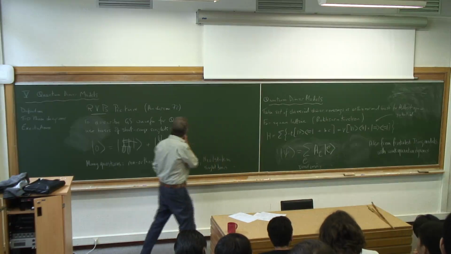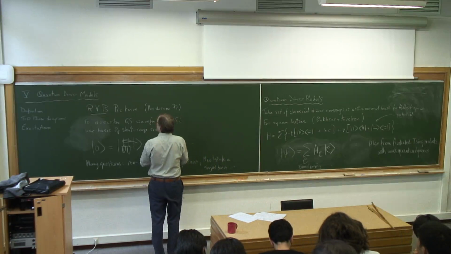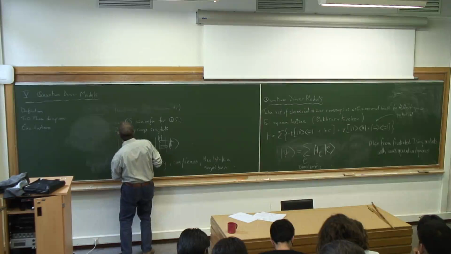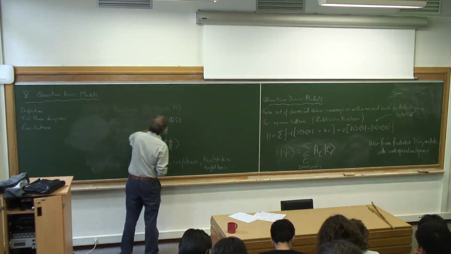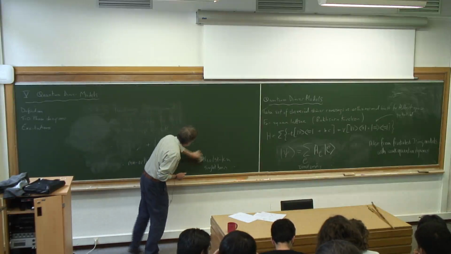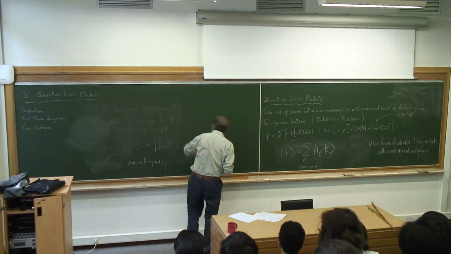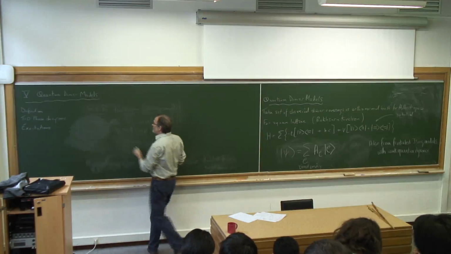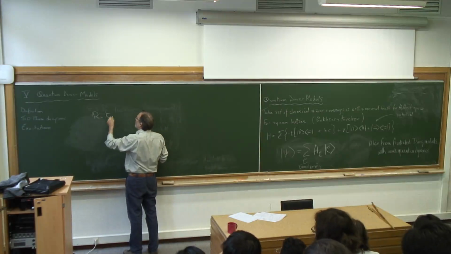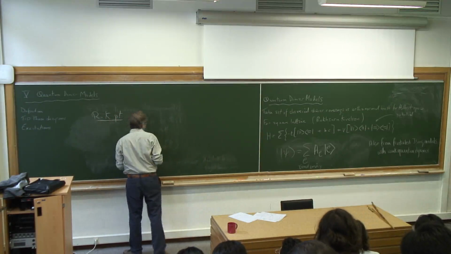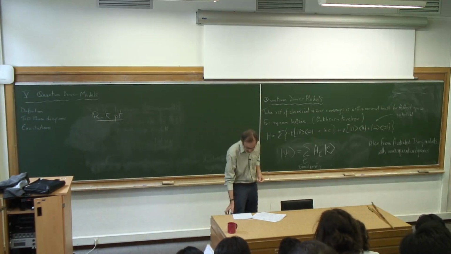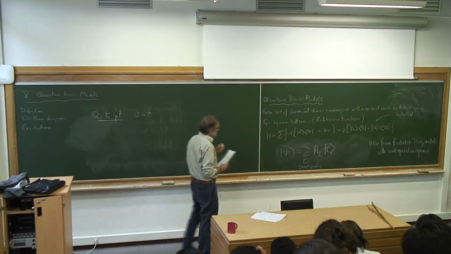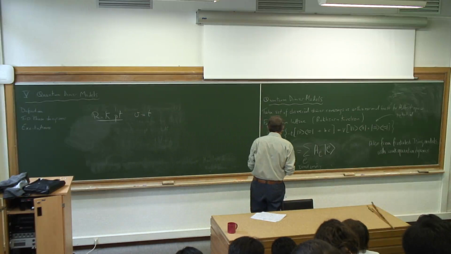Okay, so now on to one of the features that makes these models very useful, which was realized in the first paper by Rokhsar and Kivelson, and that is that there's a point in parameter space, the RK point, where we know the wave functions exactly, and that's the point where these two parameters are equal to each other.